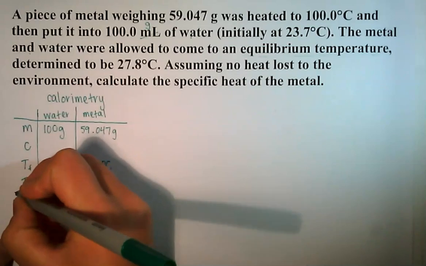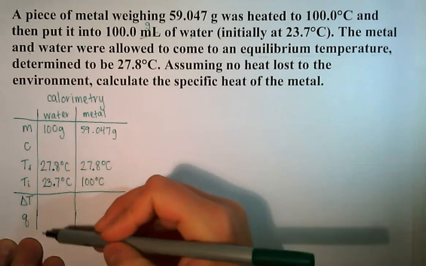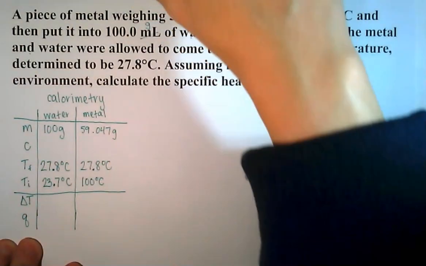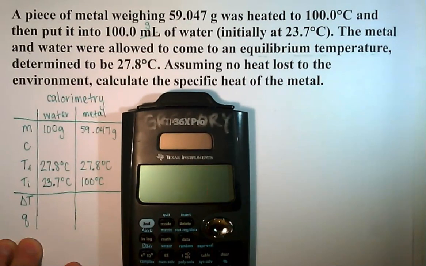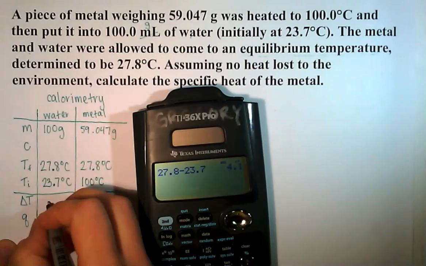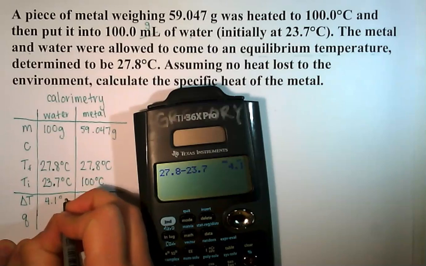Okay, and now that we have our final and initial temperature for both, we can calculate our delta T for each of these items, the water and the metal. So I'm going to do 27.8 minus 23.7. And that gives me a change of 4.1 degrees Celsius.